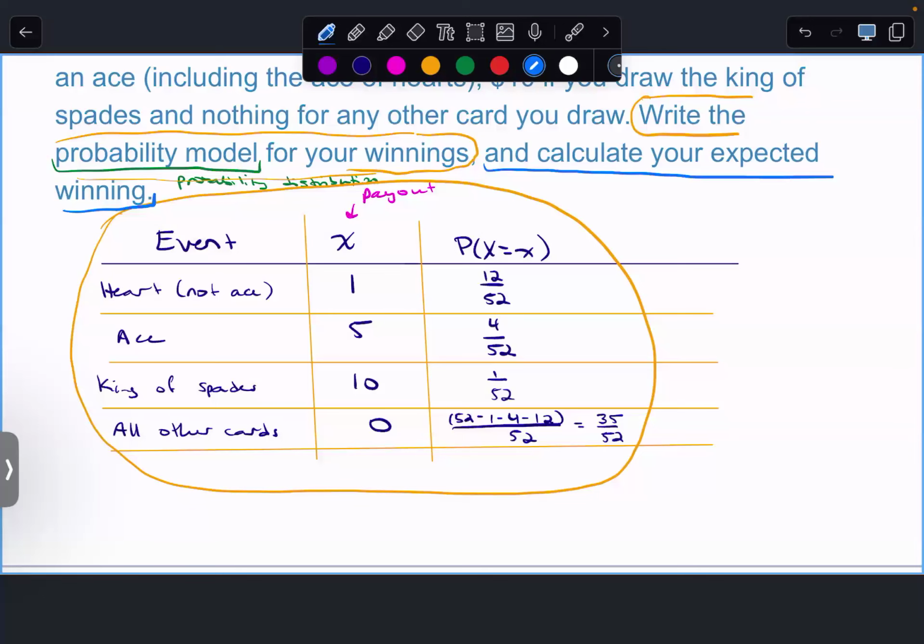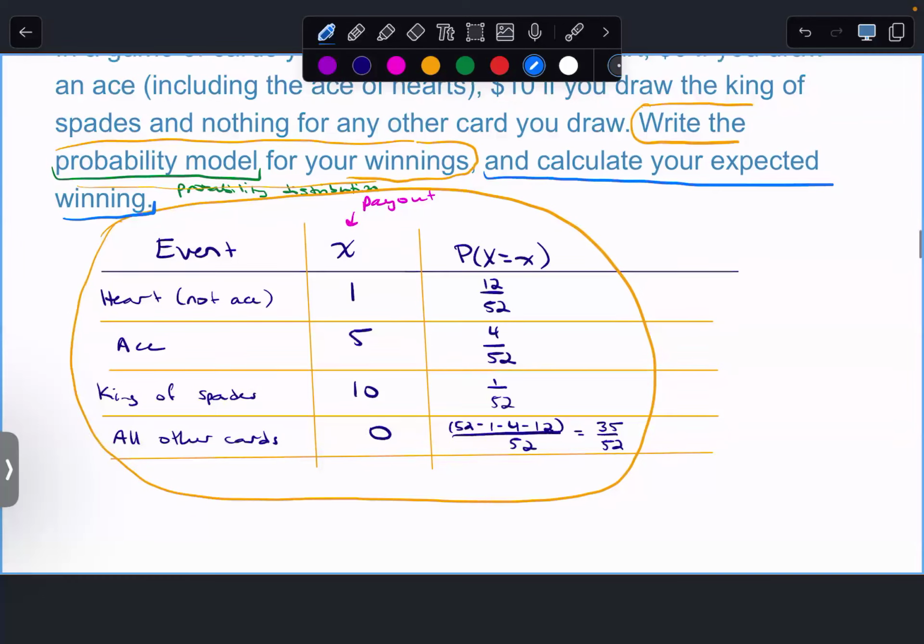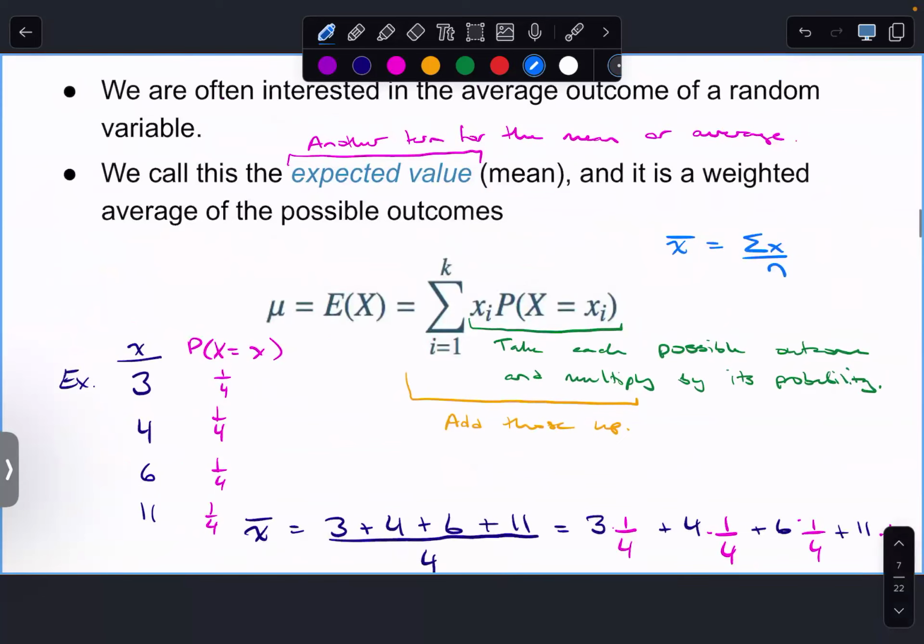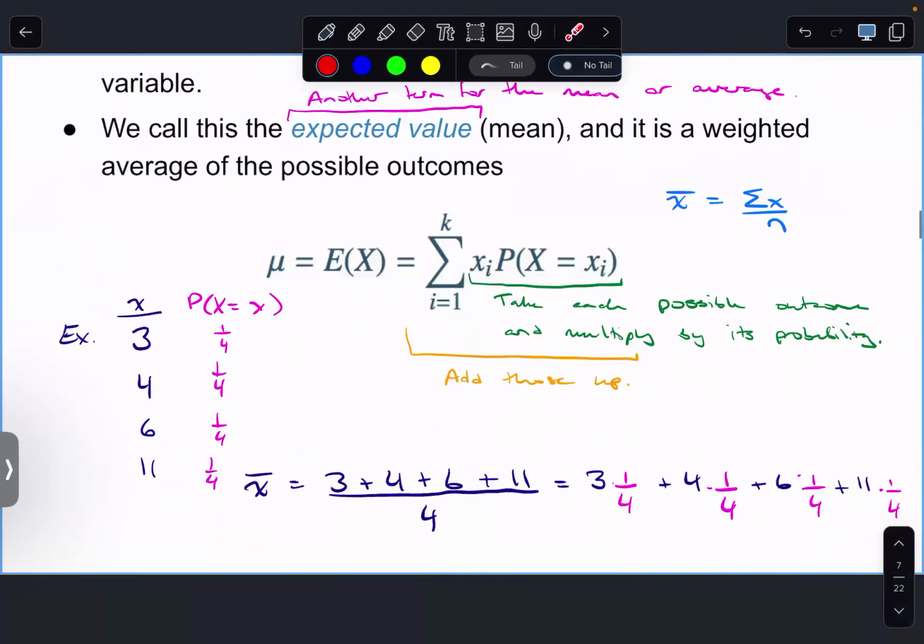So the expected value, going back to our formula, the expected value of X, the expected value of playing this game with individual outcomes of X. I take the payout for each individual event, multiply it by its probability, and then I need to add those up.